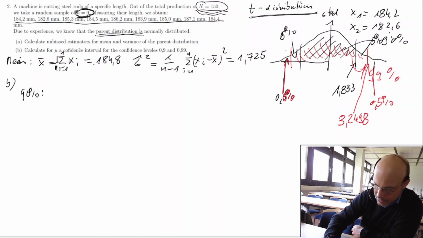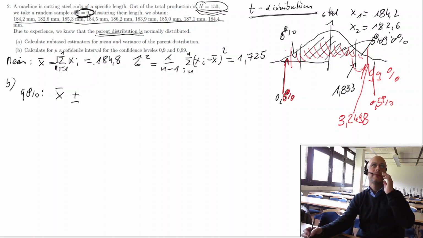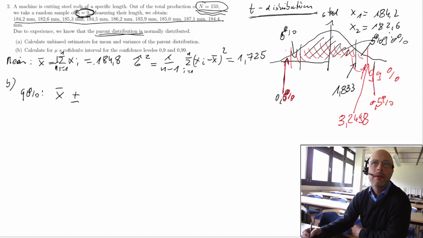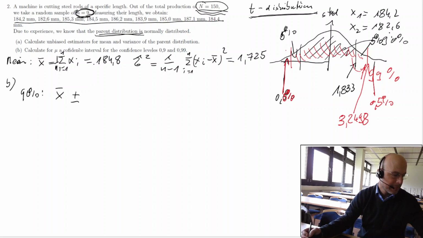So for our confidence intervals, we obtain for 90%: x bar plus minus, what was the formula? This is always the same.